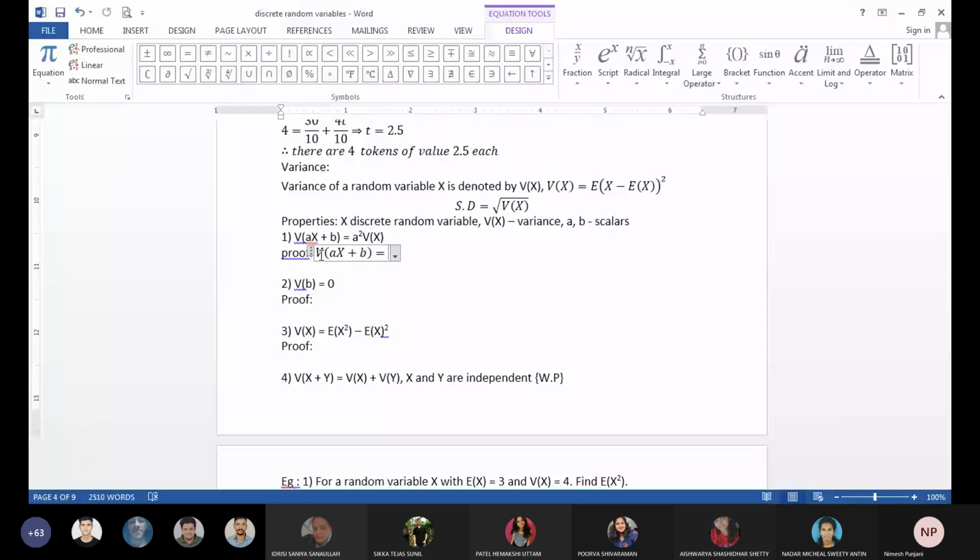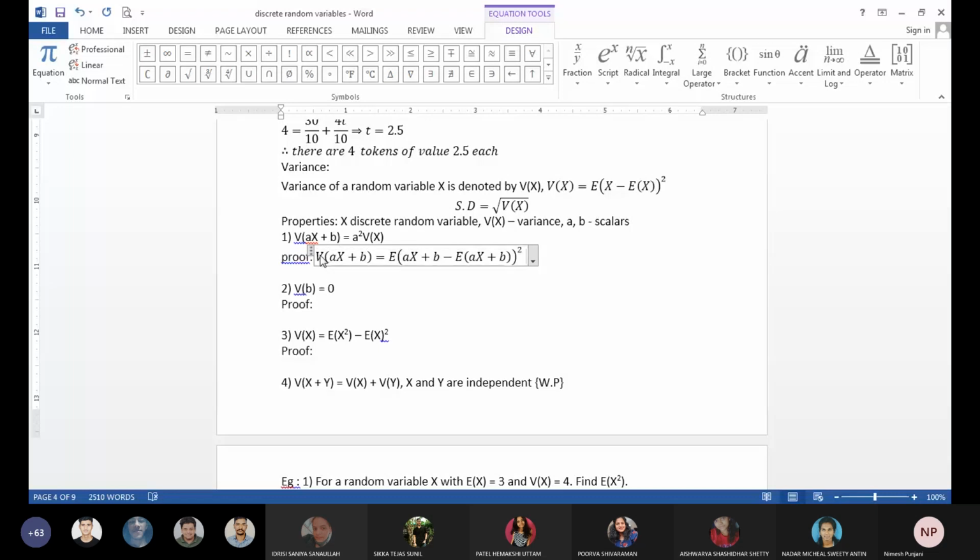So this will give you expected value of ax plus b minus expected value of ax plus b, the whole square. In place of x, we will write ax plus b.